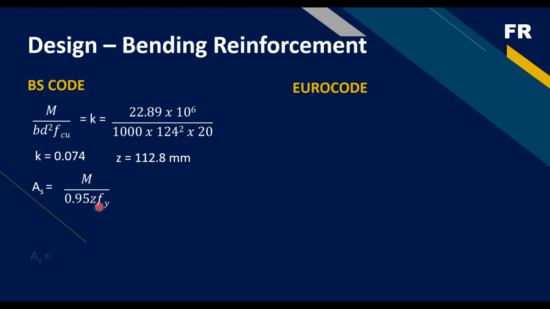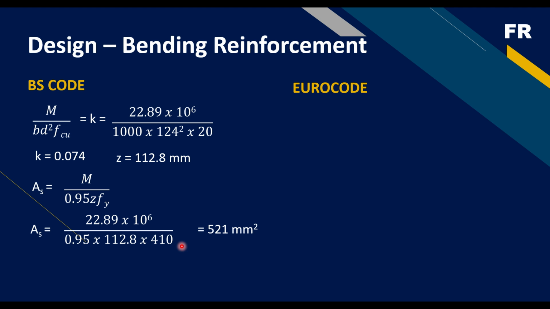So if we substitute moment 22.89, Z of 112.8, Fy of 410, then we can see that based on this, the area of reinforcement required is 521 millimeter squared. So we can just provide T12 at 200 because in slab the reinforcement is provided in spacing.